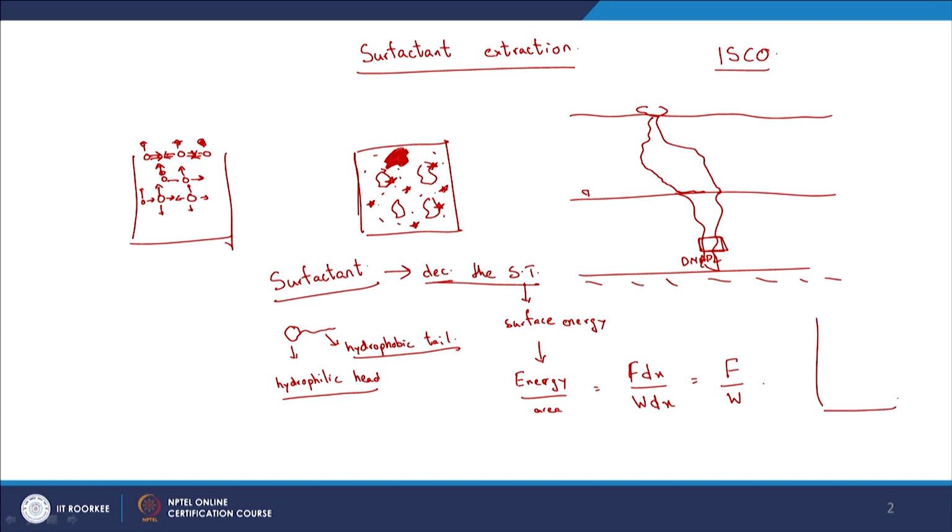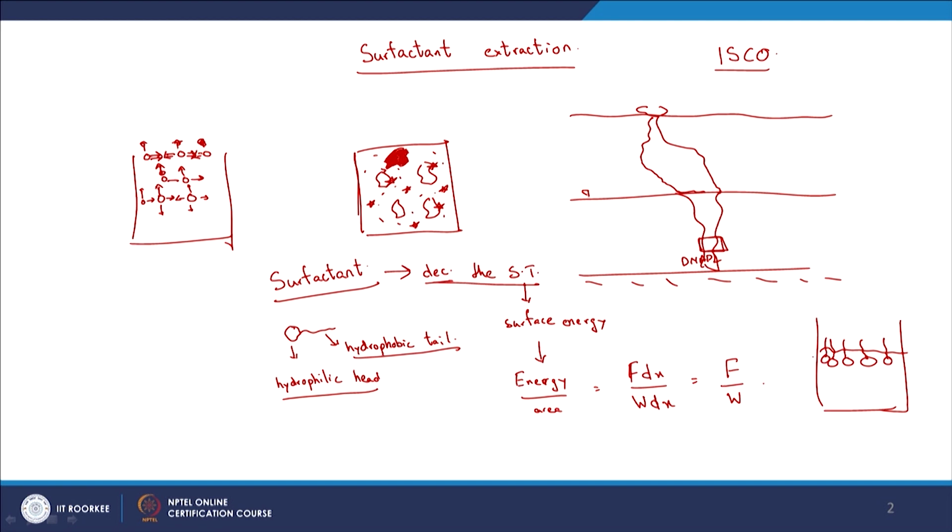The head, which is hydrophilic, has an affinity to water, and the hydrophobic tail obviously wants to stay away from water. So, how does this act now? If there is water in a container, how does it orient itself? They are going to be oriented like this.